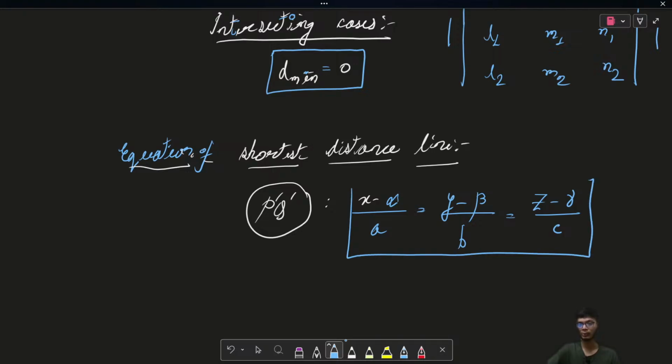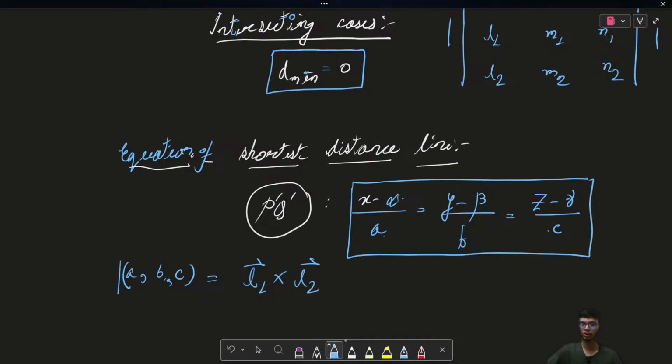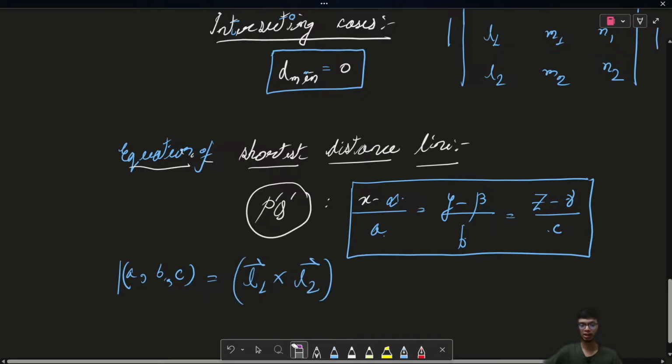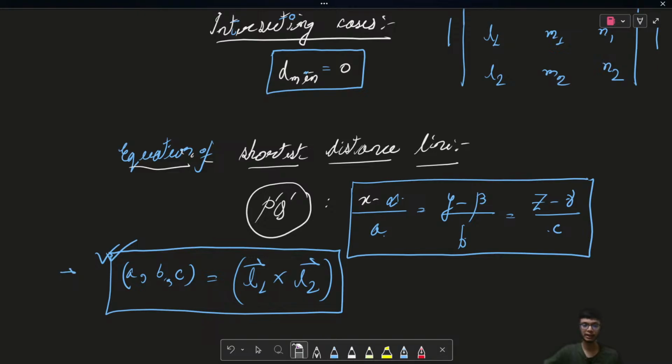So this is how we obtain it. The main question is what we define from gamma. The direction ratios can be easily given by taking the cross product of these two vectors. This will give me the direction ratio of the shortest distance line. That is my S vector.